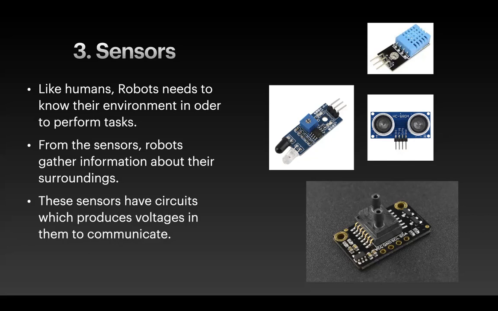A bat has something working similarly to an ultrasonic sensor, so bats see their surroundings in a different way, and as humans we see the surroundings in a different way. Likewise, different robots can see their surroundings in different ways, right?